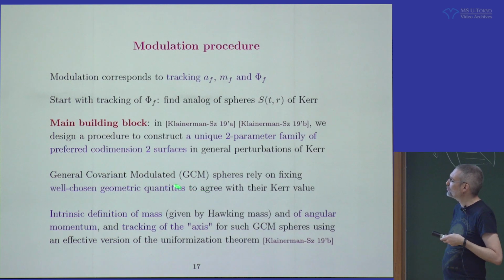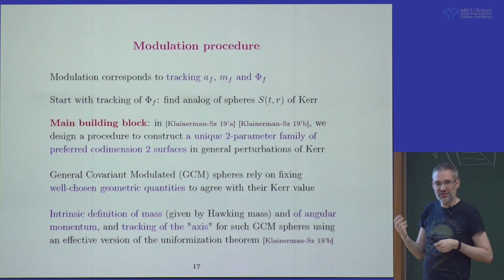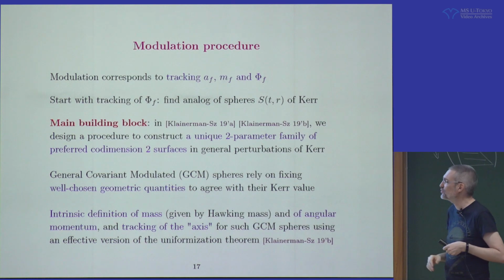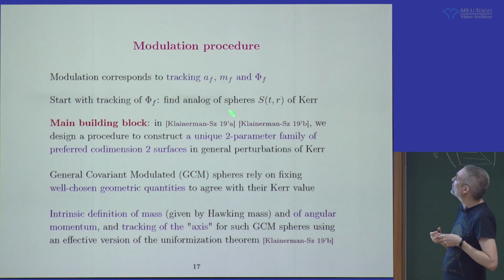What is difficult is actually to show that these spheres really exist in your perturbation of Kerr, and more importantly, to get this uniqueness statement and also the fact that if you control the ambient geometry, then you control these spheres as well. Okay, once this is done, you can think of having completed the modulation scheme due to the kernel of general covariance, so the infinite dimensional kernel, and then you can move to the other parameters, which are the final mass and final angular momentum.